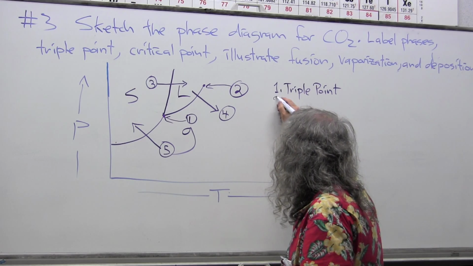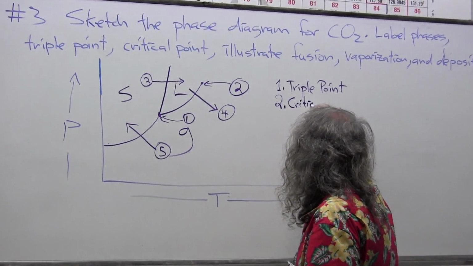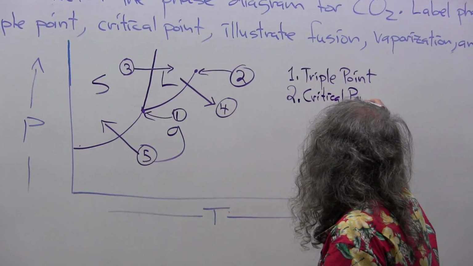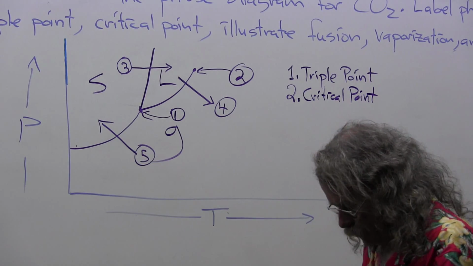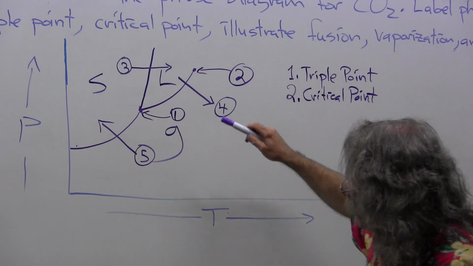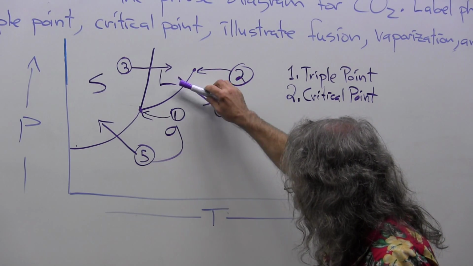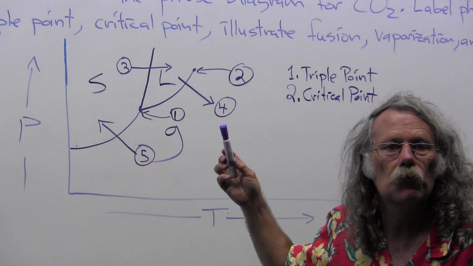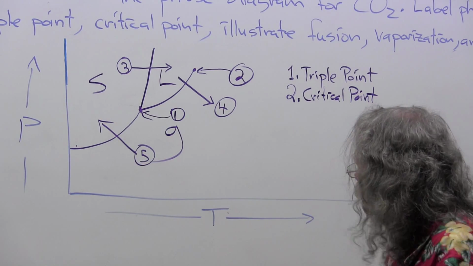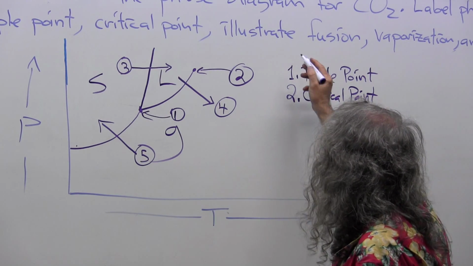And number 2 is the critical point. The critical point is the point where the meniscus disappears between the liquid and the gas phase. So beyond that, we have supercritical fluids, and it's very interesting behavior observed there.